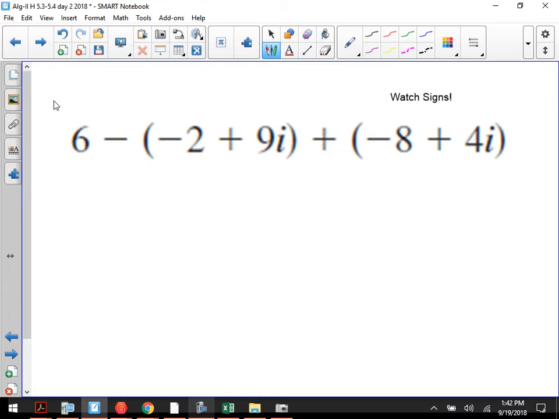One of the things I will always remind you guys of, draw the arrows for the distributive property. Because that's one thing that you forget. Send your negative here, send your negative there, so you know it's 6 plus 2 minus 9i minus 8 plus 4i.